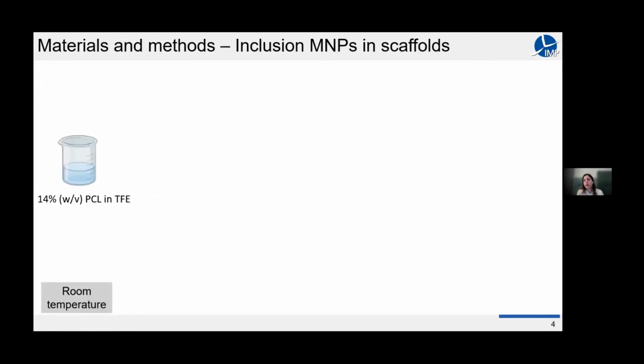First of all, we take a polymeric solution, polycaprolactone, and dissolve it in TFE. After, we include different nanoparticle concentrations using two types of magnetic nanoparticles. One was IMP, iron oxide, and the second was CMP, cobalt iron oxide.